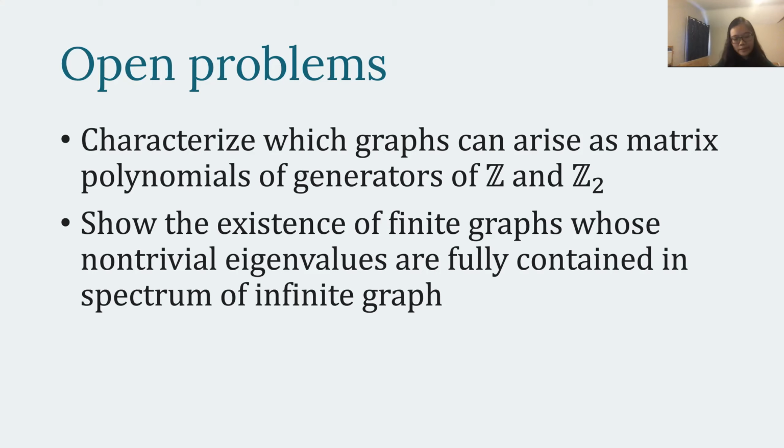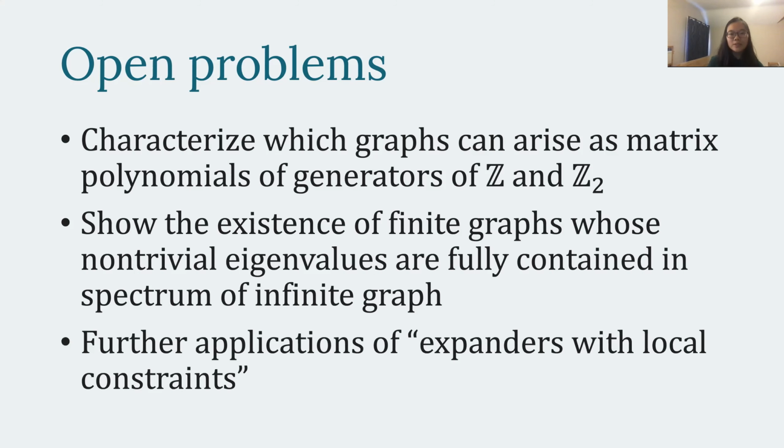They are within an epsilon. So you could also ask, can we find finite graphs whose spectrum is entirely contained in the spectrum of the infinite graph? And of course, it's also going to be cool if we can look at further applications of this kind of expanders with local constraints in various PCP applications.